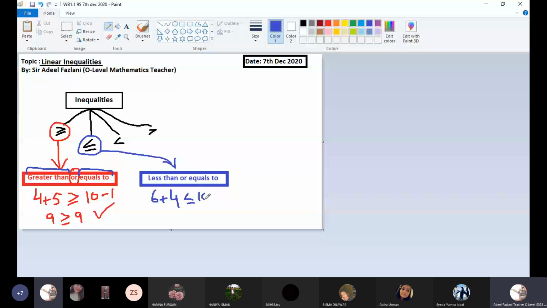All right. If we solve this, 6 plus 4 is 10, is less than or equals to 7. So tell me, is this true or false? This is false. Why is this said to be false?